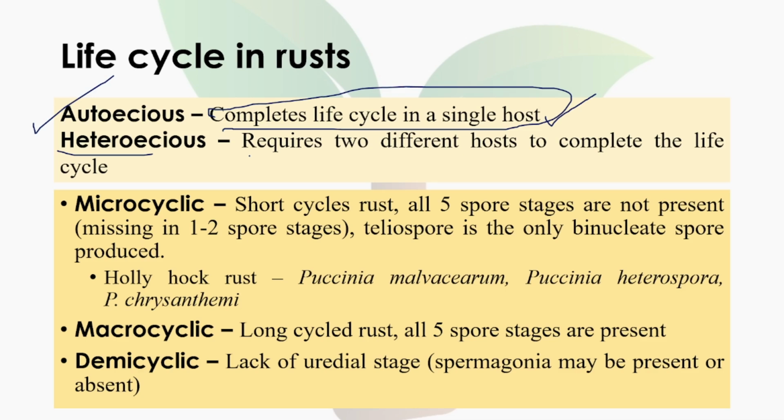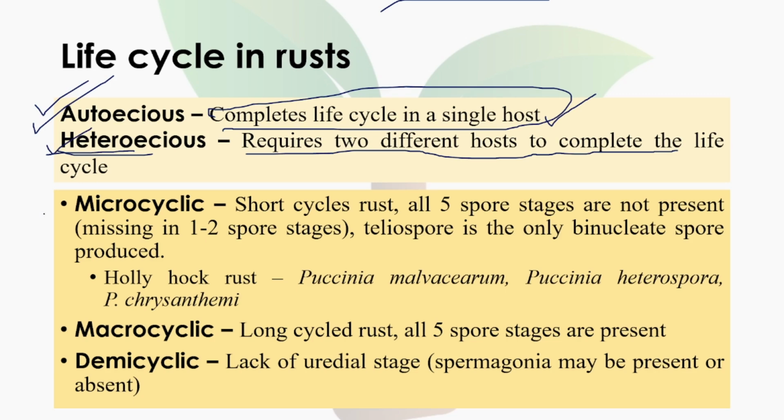If the pathogen completes its life cycle on more than one host, it is called heteroecious. By definition, it requires two different, biologically unrelated hosts to complete the life cycle. Remember two things: autoecious means the pathogen completes its life cycle in a single host; heteroecious means the pathogen requires two different hosts to complete the life cycle.